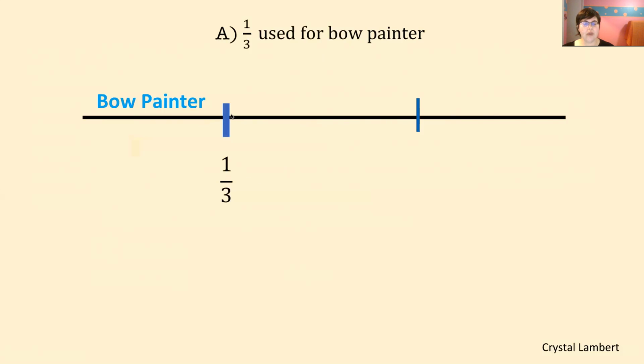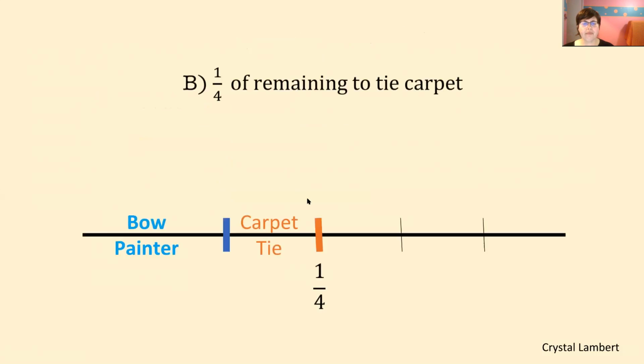So there's our 1/3, and we're going to label that for the bow painter. Next, we take what is left. So we're eliminating this section, and we're going to take this section here, and we're going to take 1/4. So we divide it into 1, 2, 3, 4 sections. 1/4 of that was used to tie carpet.